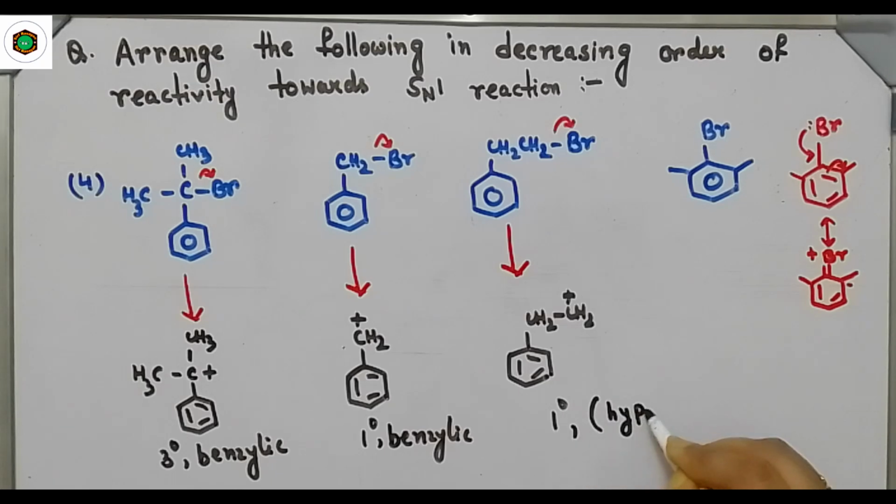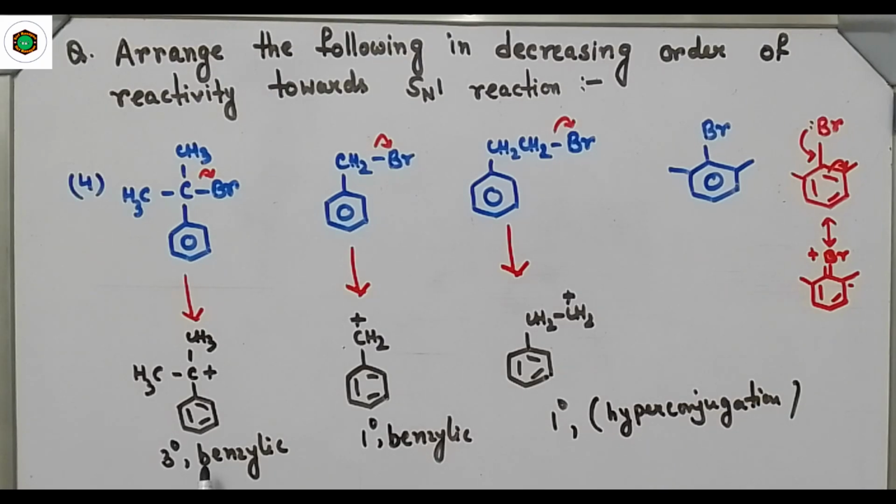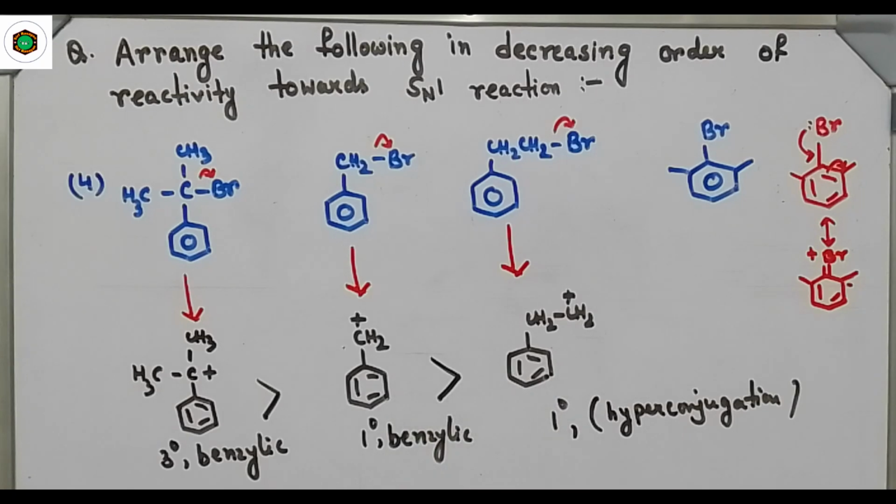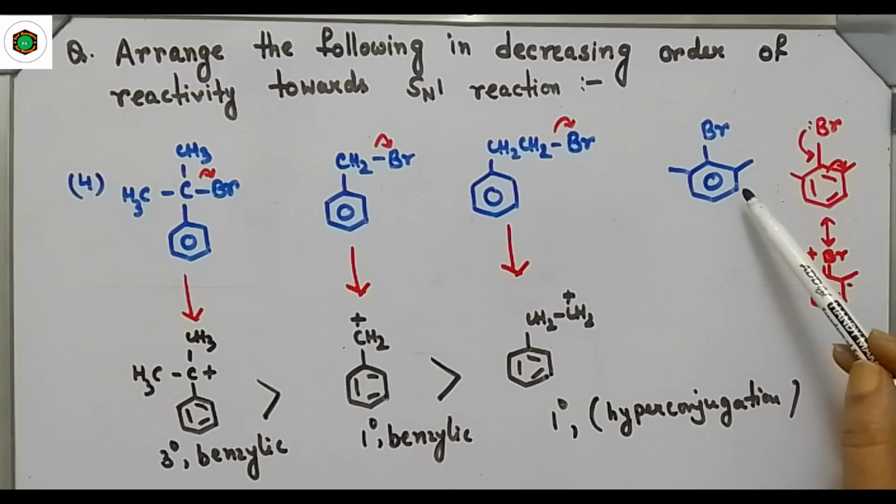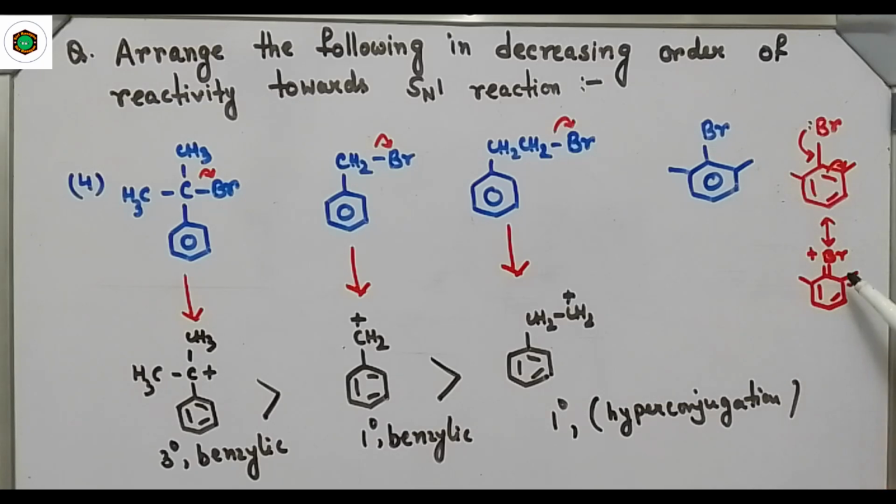So which one is the most stable one? This one is the most stable carbocation. Then this one, because here resonance is there, here no resonance, only the hyperconjugative effect is there. And this is the least stable carbocation. And here this is the least reactive compound because here the C-Br bond has some double bond character due to resonance.